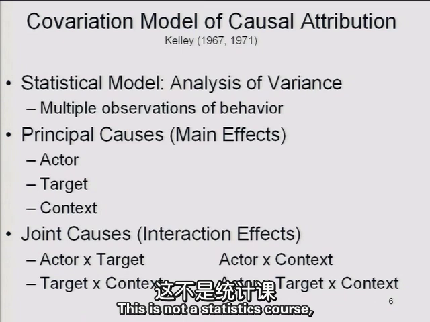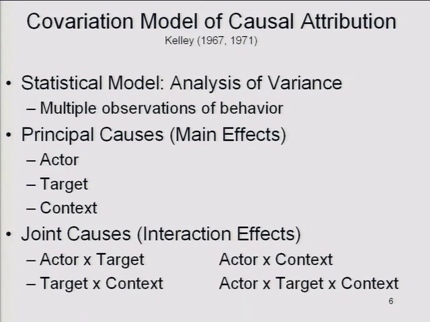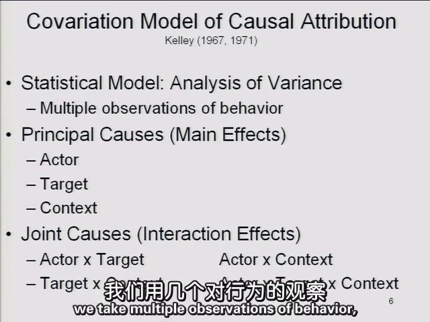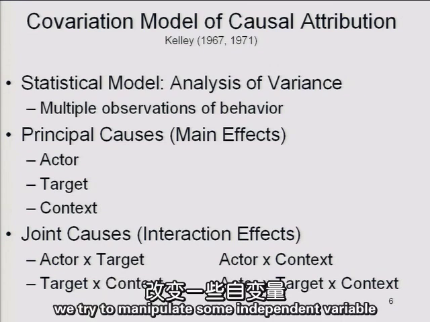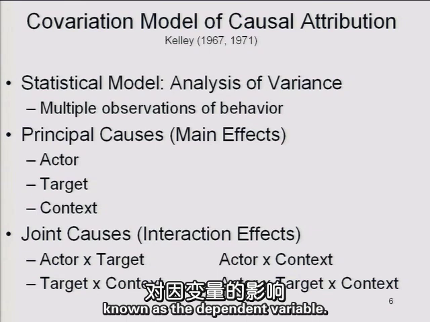This is not a statistics course, so you're not going to learn it from me. Except to say that in the analysis of variance, we take multiple observations of behavior. We try to manipulate some independent variable and observe the effects of that manipulation on some outcome known as a dependent variable.